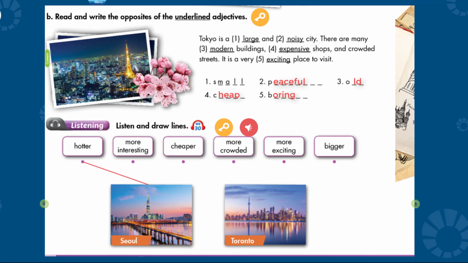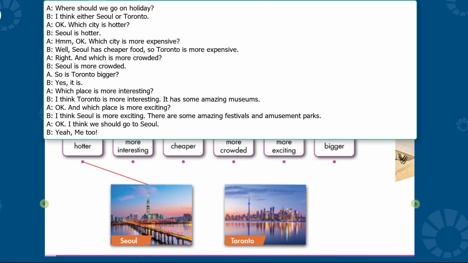Now, listen again. Where should we go on holiday? I think either Seoul or Toronto. Okay. Which city is hotter? Seoul is hotter. Okay. Which city is more expensive? Well, Seoul has cheaper food, so Toronto is more expensive. Right. And which is more crowded?